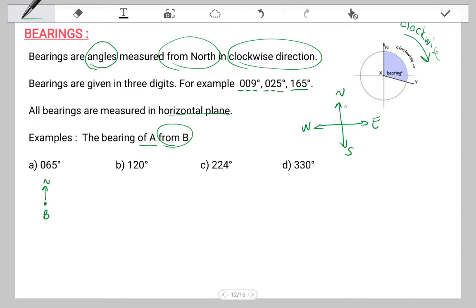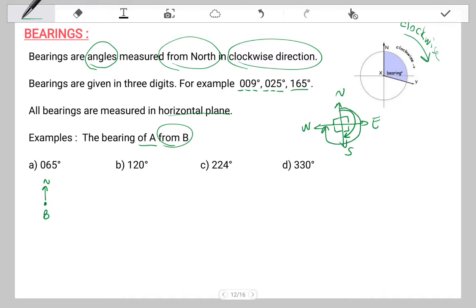And remember the angles between each main direction. From north to east we have 90 degrees. From east to south, from south to west also 90 degrees. From west to north 90 degrees. From north to south we have 180 degrees. From north to west we have 270 degrees.